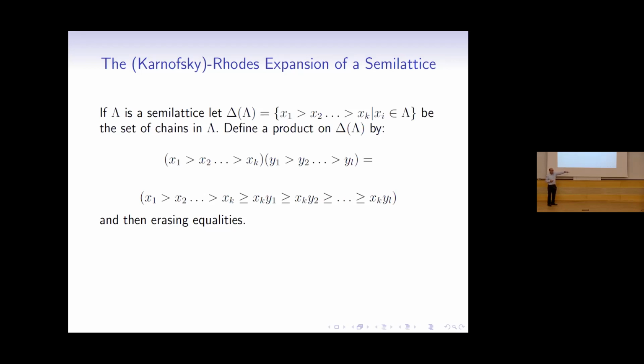Well, that drops them, but because this multiplication is not one to one, I could get some equalities. Maybe xk y1 is equal to xk y2 is equal to xk y3 is strictly greater than xk y2. And if I just wipe out the equalities, it's not too hard to see that that's an associative operation on the set of chains. And now it's clearly idempotent.